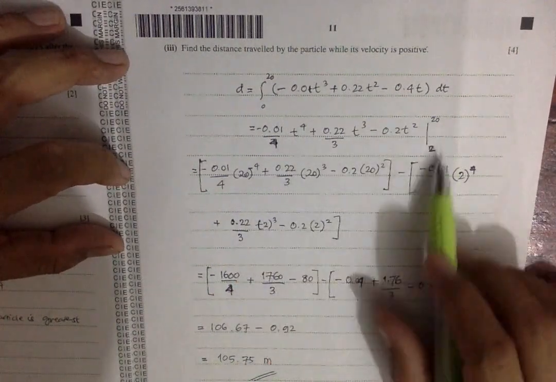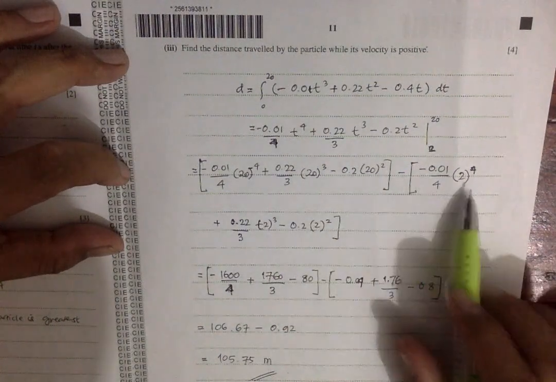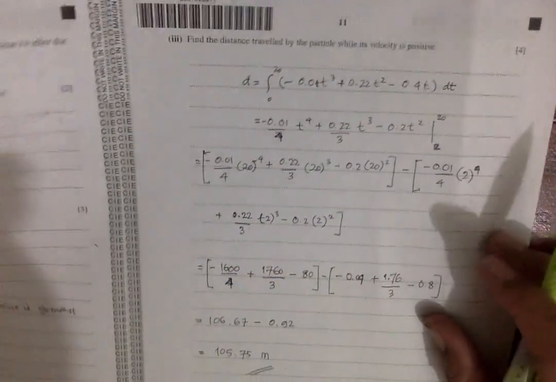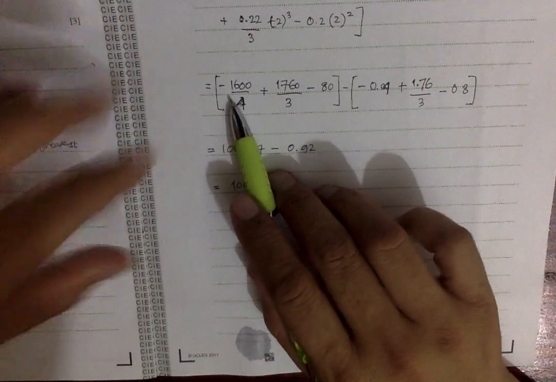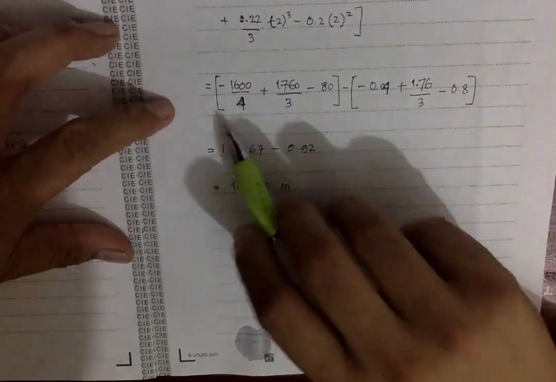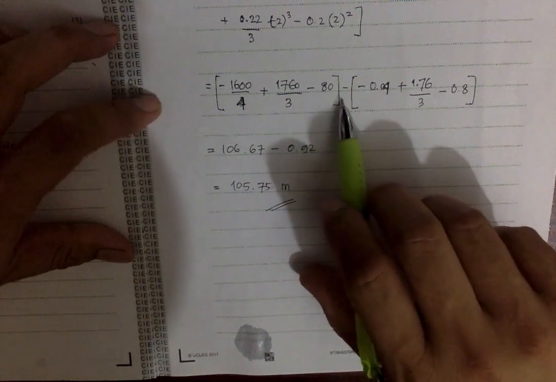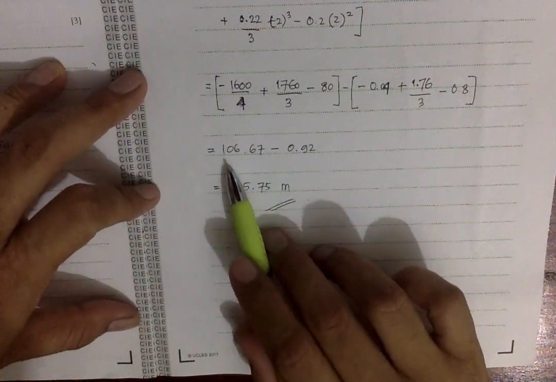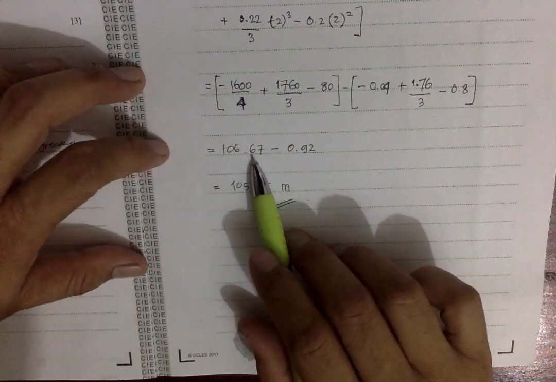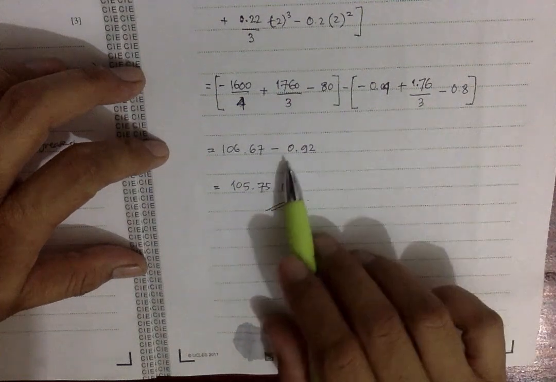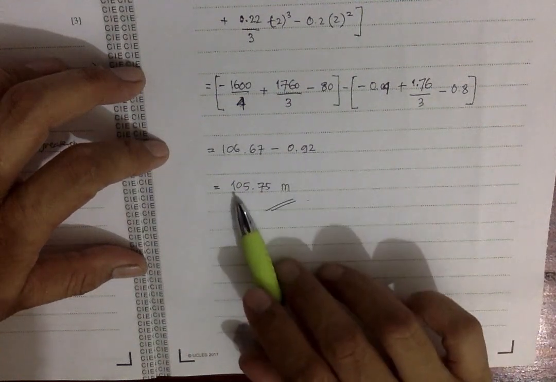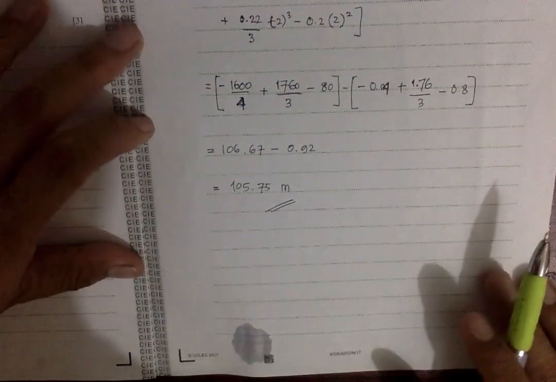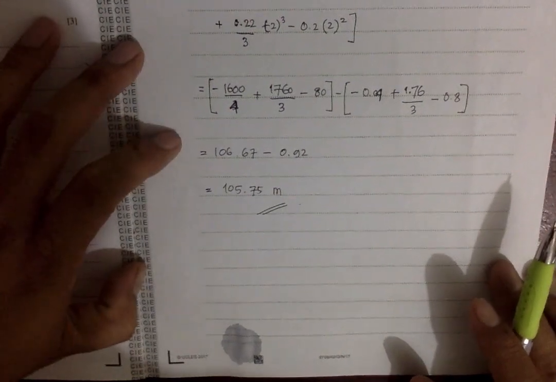After replacing the 20 and 2, we calculate using the calculator, and this is minus 1600 over 4 plus something minus 80 minus something and minus something 0.8, which is around 106.67 minus around 0.92, and then we get 105.75 meter. This is the distance traveled by the particle when the velocity is positive.